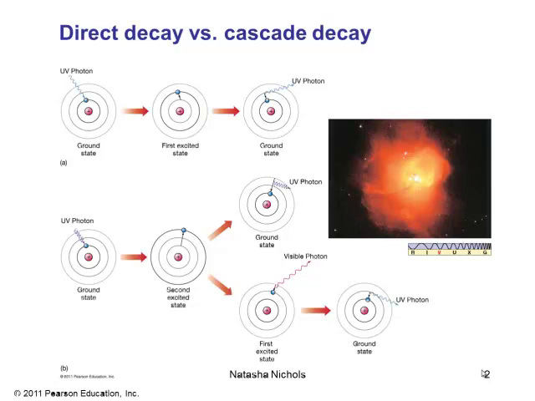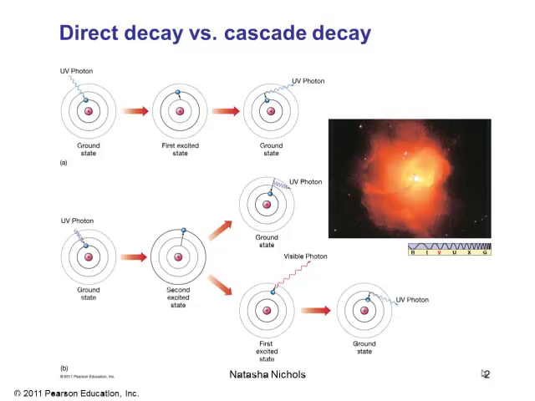In frame A at the bottom half of this slide, you see the scenario of direct decay. So the electron on the very left is absorbing a UV photon, an ultraviolet photon, that causes it to momentarily be excited and move onto the first excited state.